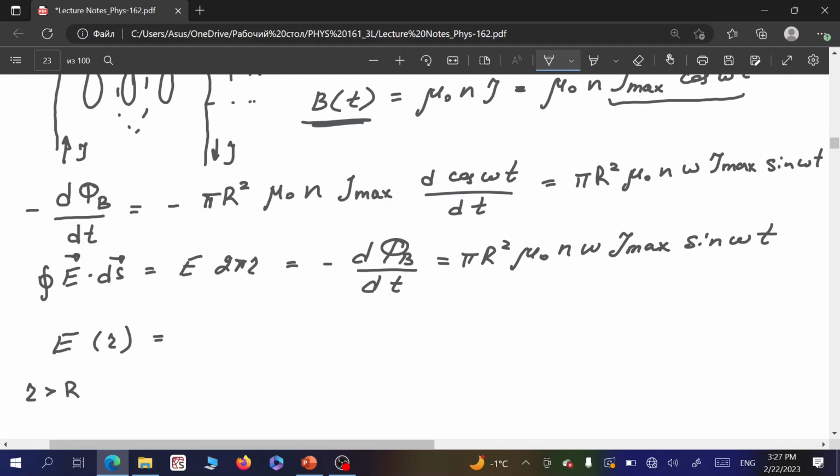That will be equal, we cancel out here this pi, and we get R square mu naught times n times omega times I maximum times sine omega t divided by 2r.